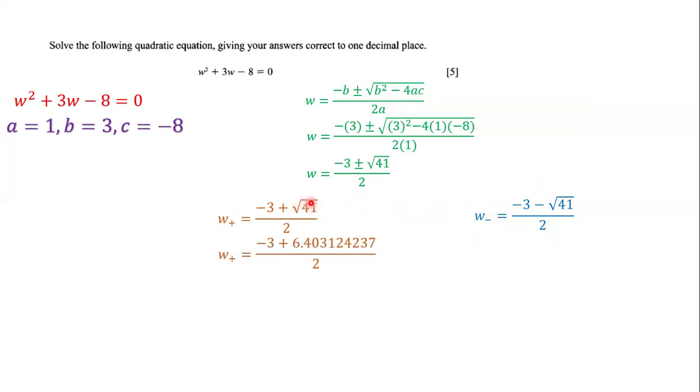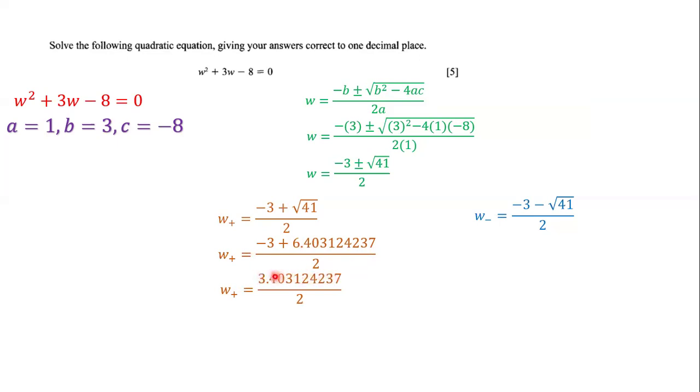So what is the square root of 41? Well, the square root of 41 is 6.403124237. And so we have -3 plus this decimal, all over 2. When we compute the numerator, we get 3.403124237.